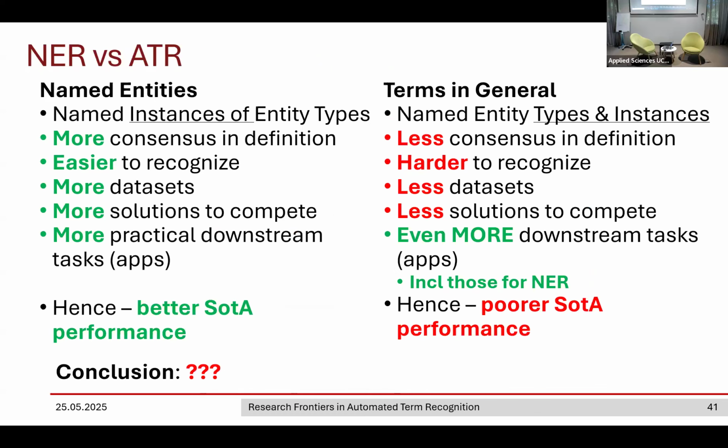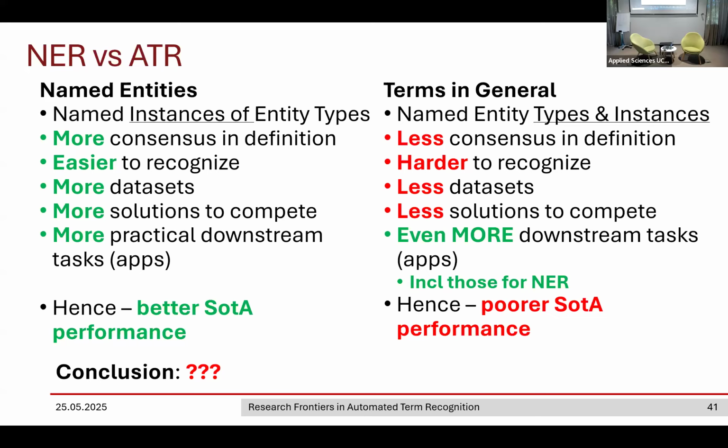So if we compare named entity recognition with the general automated terminology recognition, we could observe that named entities are named instances of entity types versus named entity types and instances in terms in general. Named entity recognition has more consensus in a definition of what is a named entity, and the notion of a named entity is easier to grasp, comprehend and formalize.